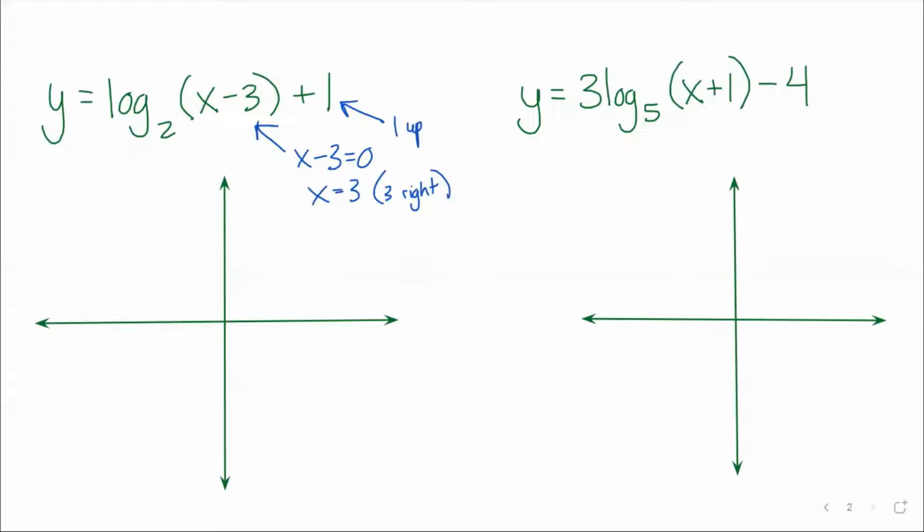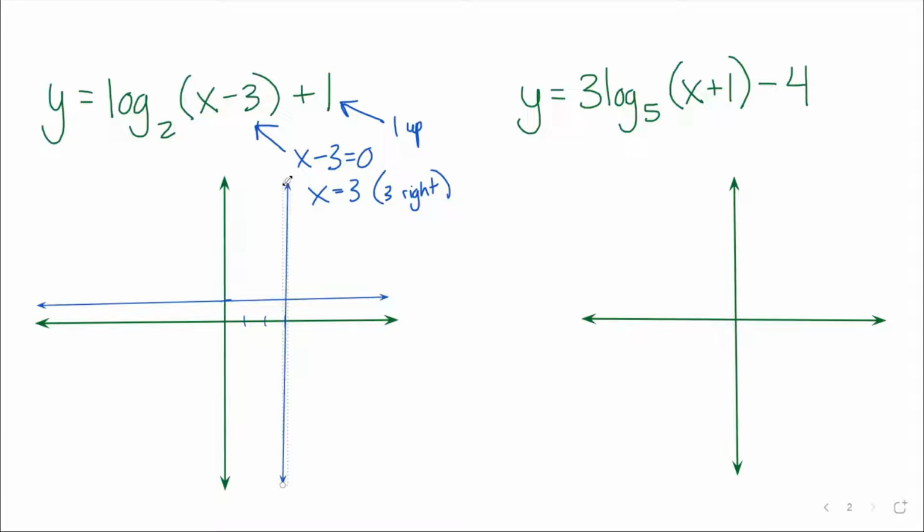So just as I did when we were graphing exponential functions, I'm going to just take care of these right from the beginning. And I'm going to sort of draw my own axes in here and say, okay, there's that one.